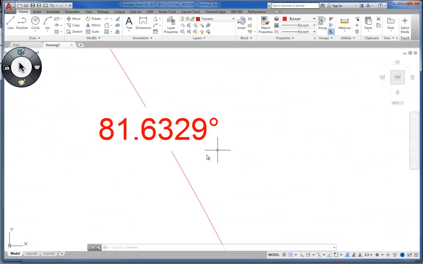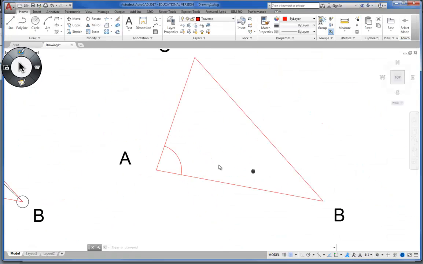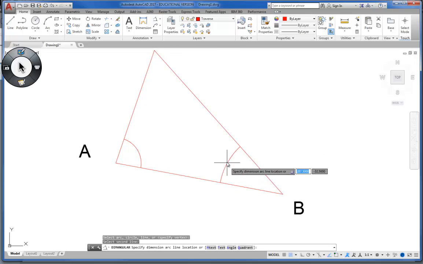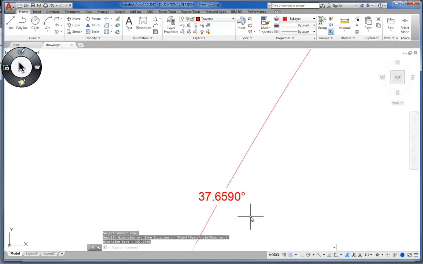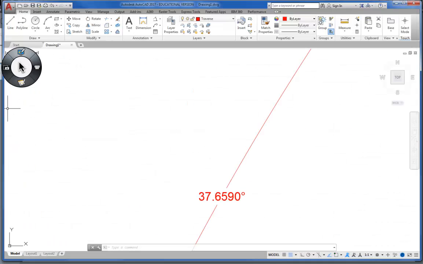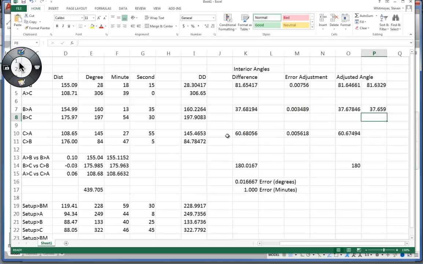Let's go back and we'll check the next one. Angle B from here to here. 37.6590 versus 37.6785. Did I get that right? I don't even know if I made 659 and 659.